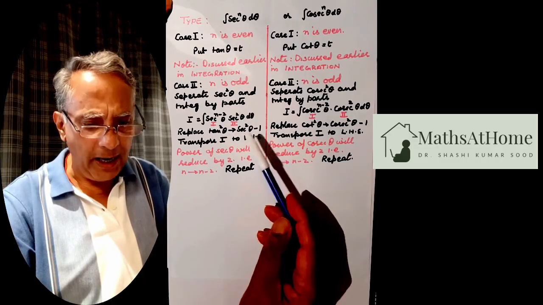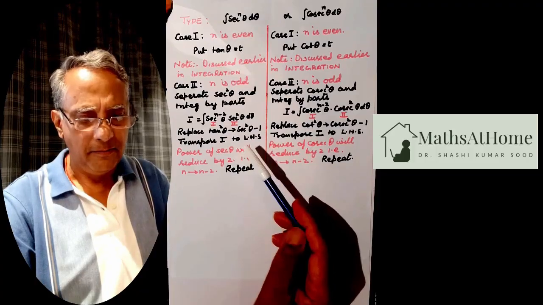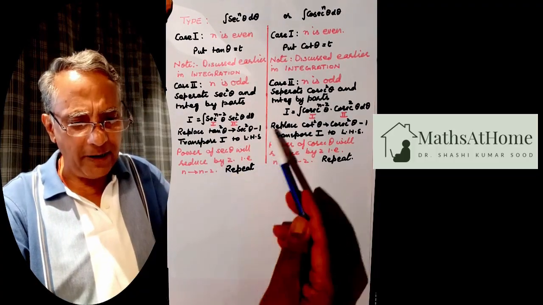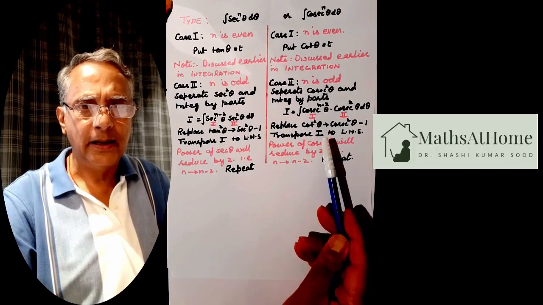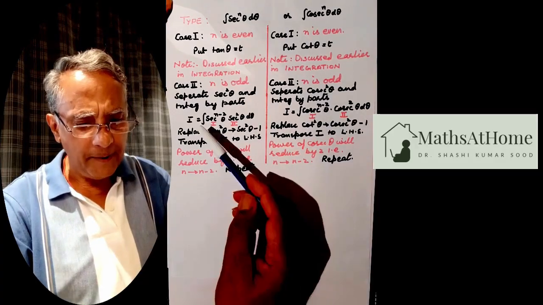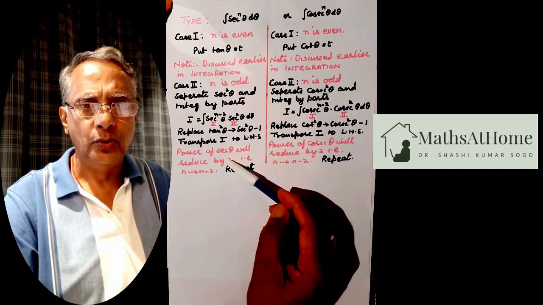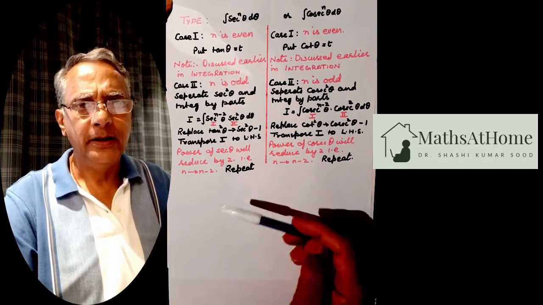By doing this procedure, we will again get I on the right hand side. Transpose this I to the left hand side, and the power of secant theta will get reduced by 2. Repeat the process if required.